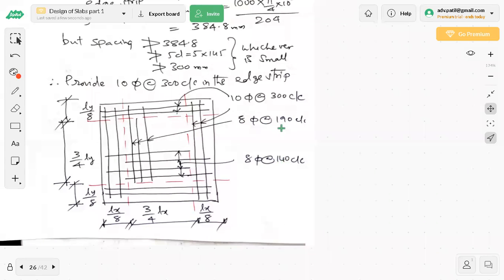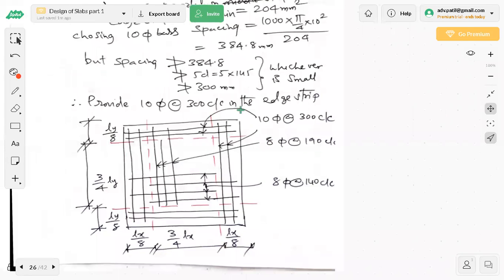The spacing is more, 190, because MUY is less than MUX. Because MUX bending moment is more, the bars are closely spaced. Here they are not so closely spaced. It is 190, it is 140. The simple reason is MUY is less than MUX.